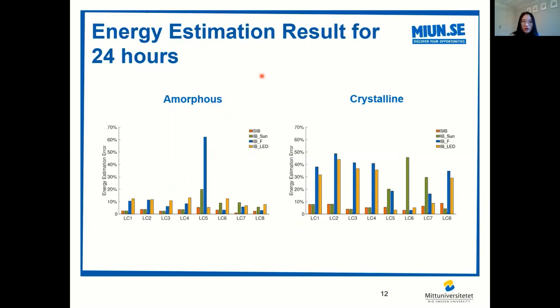This figure shows the energy estimation result for 24 hours for our 8 light conditions for both the amorphous silicon solar panel and the crystalline silicon solar panel.